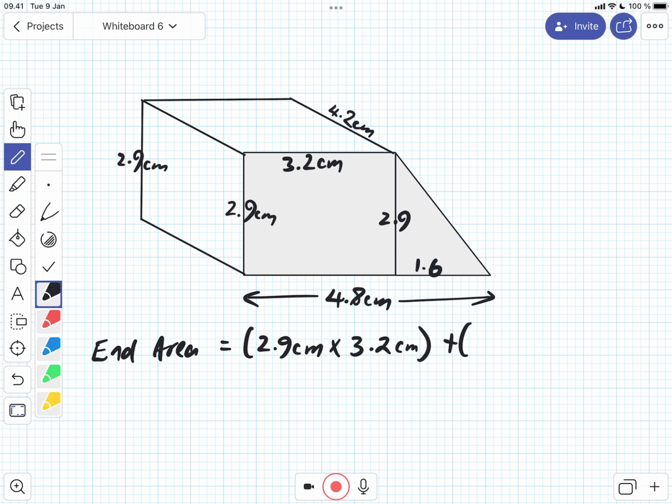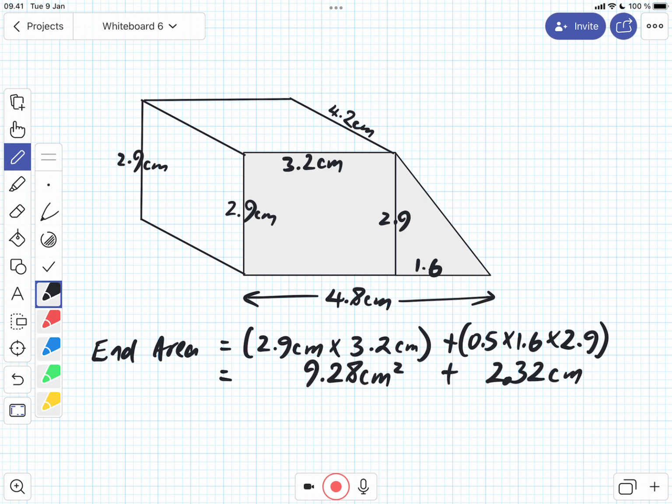So the triangle area is a half base times height, 0.5 times 1.6 times 2.9. So I'm just going to tidy that up a bit. So it's 9.28 centimeters squared plus 2.32 centimeters squared, which will be 11.6 centimeters squared for the end area.